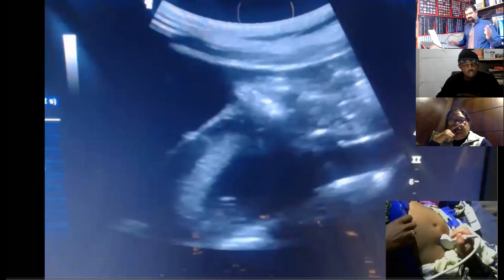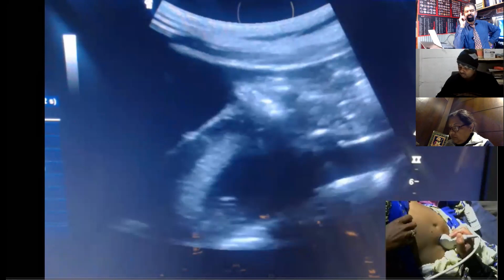So coming back to the fetal heart, it has to be correlated with CRL. I will not worry more with tachycardia, but I will worry with bradycardia. So please note that the CRL, if less than 5 millimeters, the normal fetal heart should be more than 100. I'm repeating, if CRL is less than 5 millimeters, it should be more than 100.